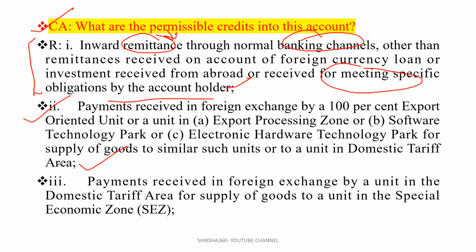Third one, payment received in foreign exchange by a unit in the domestic tariff area for supply of goods to a unit in the special economic zone.